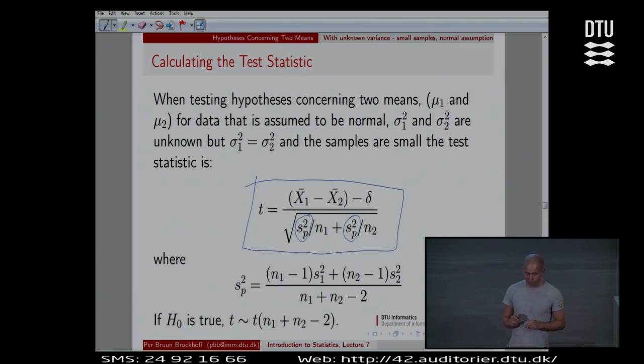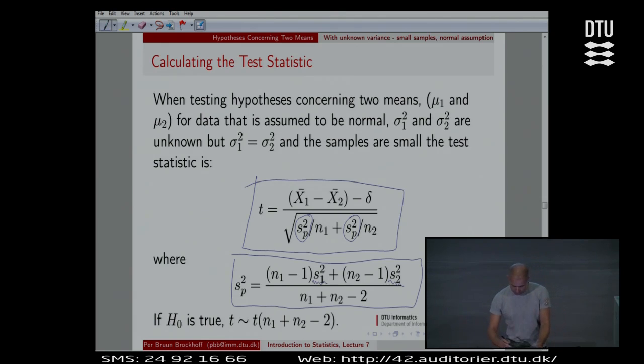Instead, I have plugged in S_P squared, which is a combination of the two variances, you could say. It is a weighted average of the two variances, generally. It takes the one variance and the other variance. And if there are an equal amount of numbers in the two groups, n1 equal n2, it's simply the average of the two variances.